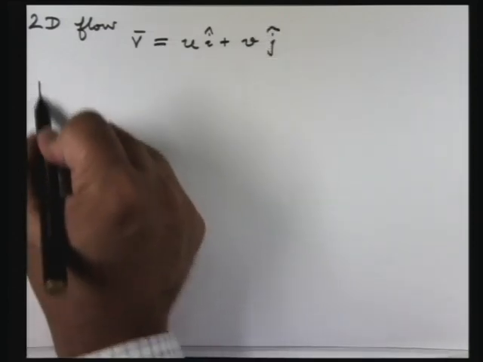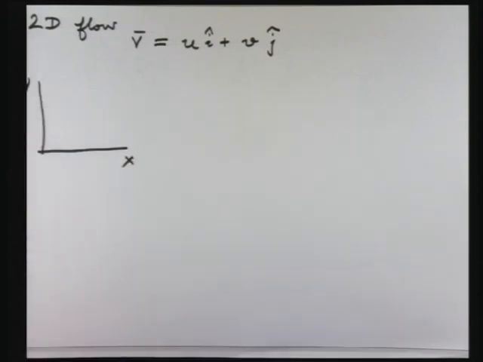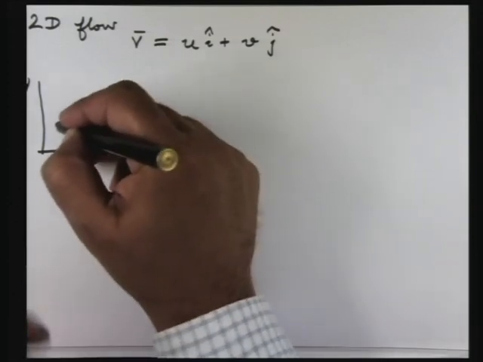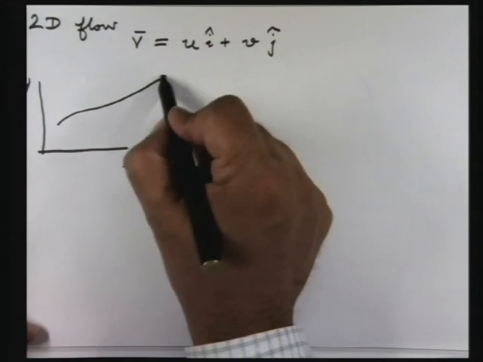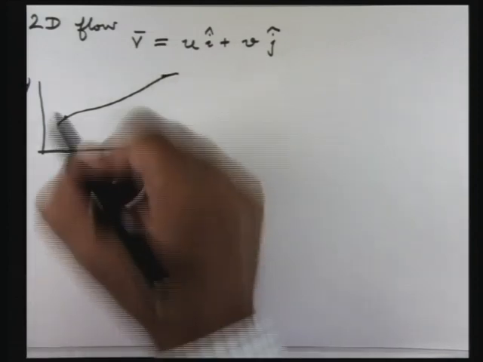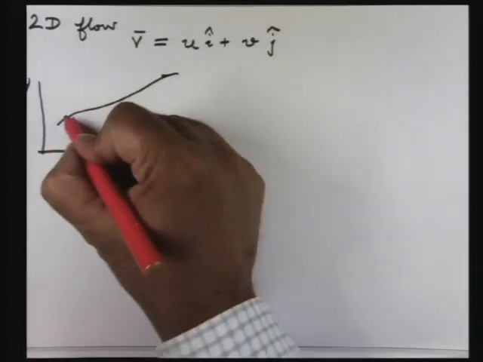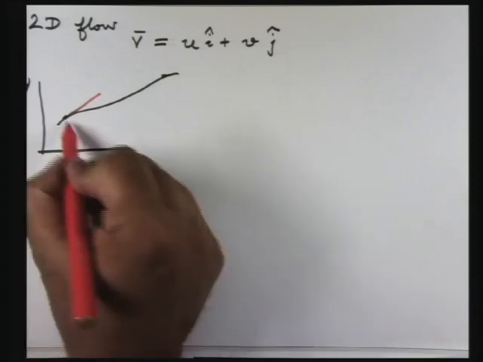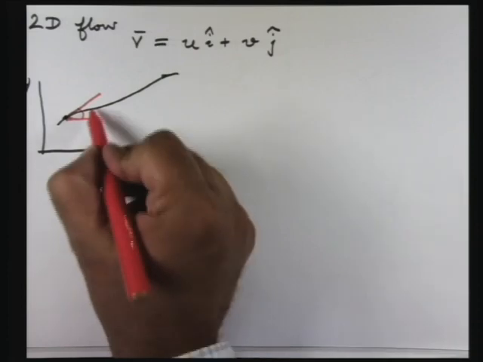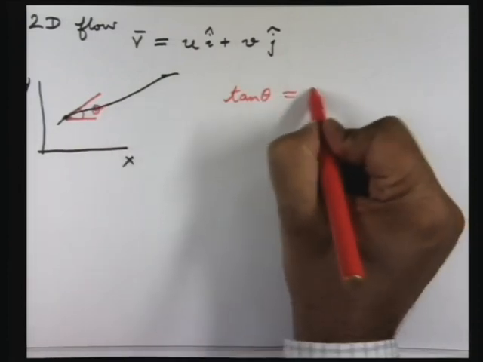So if I show the coordinate axis x and y, let us say I have a curve and at a point of the curve I draw the tangent. Now if I say the angle which the tangent to the curve makes with the horizontal is theta, then you know that tan theta is dy dx.